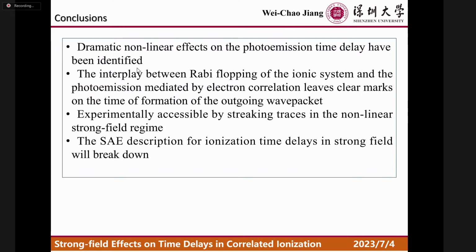And we have built a conditional two-electron model to interpret such kind of time delay. I have not shown the figure, I'm sorry, because I have used up my time. But the SAE calculation, we found that the single active electron description will also break down when the intensity of the active path is very high.